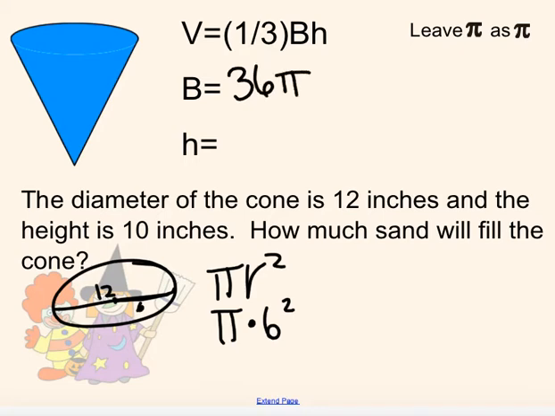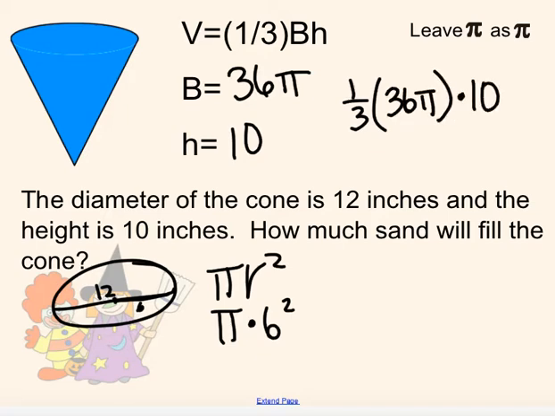And then since the height is 10, we just need to take 1/3 of 36 pi times 10. I'm just going to go left to right. 1/3 of 36 is 12 pi, and then we multiply by 10. I can mix this up because it's multiplication, so I have 12 times 10, which is 120 pi. And we are in inches cubed.